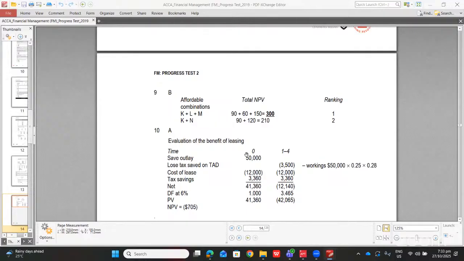And then you do your discounting, and then you compare the two. Which one is cheaper, right? Which one is more beneficial? In this case, when you do the math, you realize that there's actually a net cost of leasing, meaning that it is cheaper to purchase in a sense. So leasing costs you $705 more than purchasing outright. So the answer would be A for question 10.